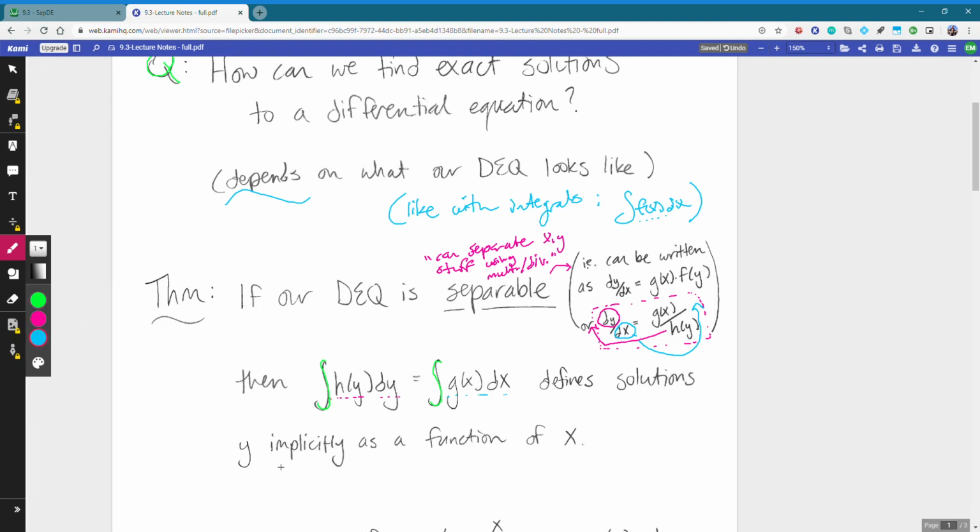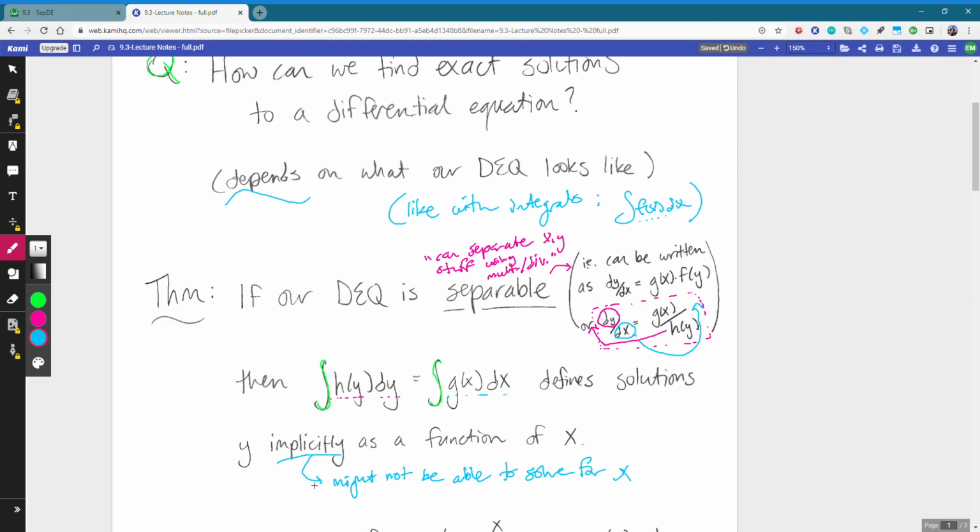And it turns out that what we get afterwards is an equation that implicitly defines our solutions. And implicitly here is really just indicating that with our equation, we might not be able to solve for y. If we can, then that's great, then we can find an explicit solution.